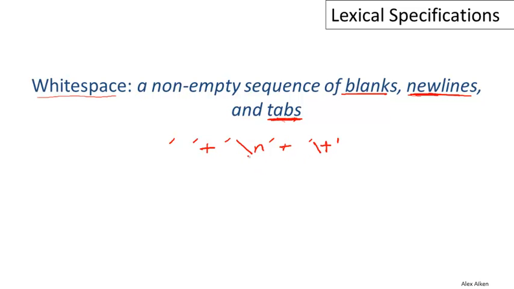And typically that's done with an escape sequence, so something beginning with a special character like backslash, followed by the name of the character, so N for new line in this case, and T for tab. And so to finish off our definition, this gives us one character white space, and then we want a non-empty sequence of such things, so we wrap the whole union there in parentheses and put a plus on it, and that gets us what we want.